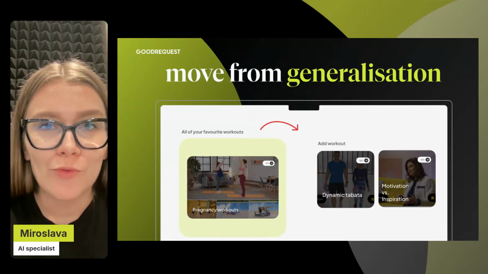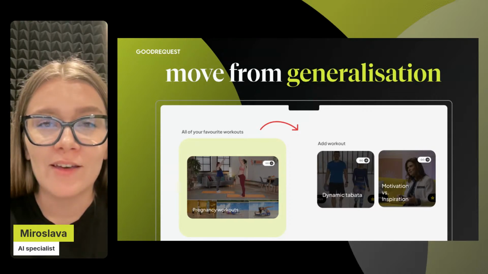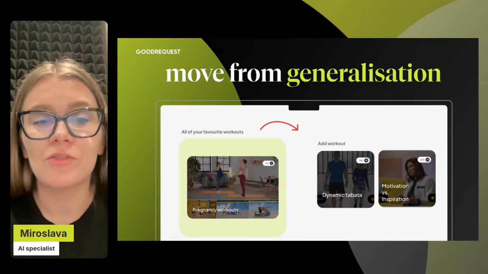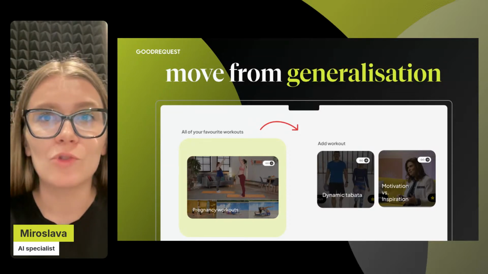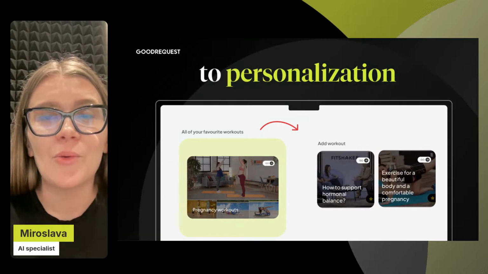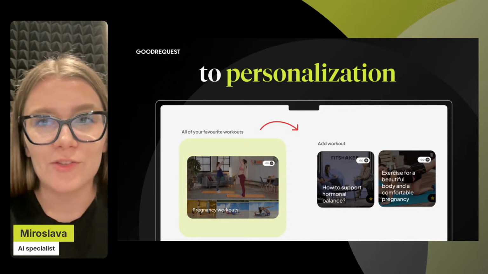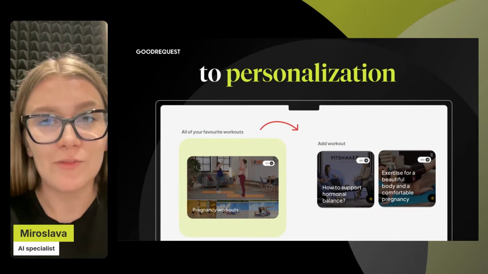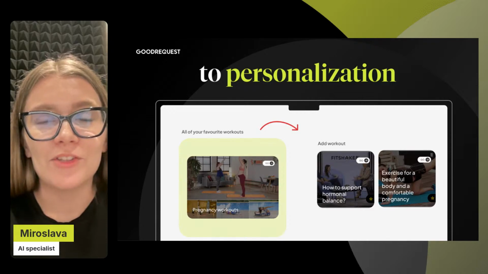So we moved from the case where, let's say, a pregnant woman could have been recommended, or the first exercise on the list when searching for new exercises would be dynamic Tabata, to the state where all of the results are based on this personal information of the user and based on their behavior in the past.